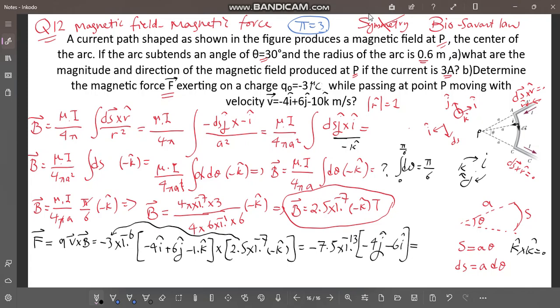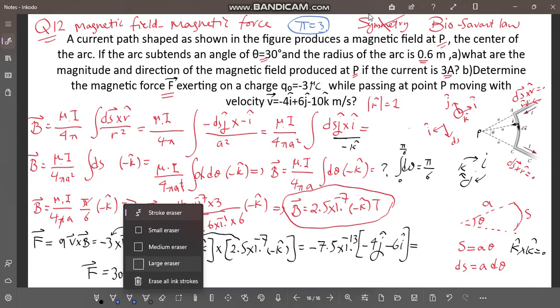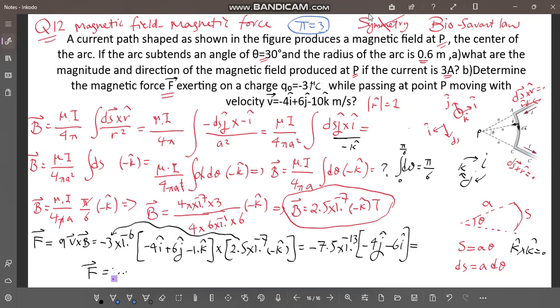So the final result for F will be, or it's better, sorry, in terms of i and j: 30 j hat minus 45 i hat, times 10 to the power of minus 13 Newton.